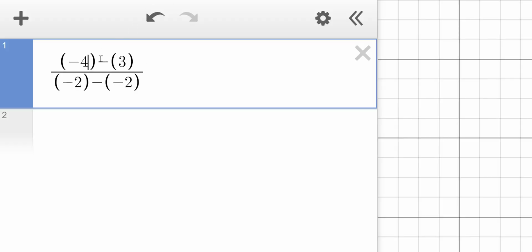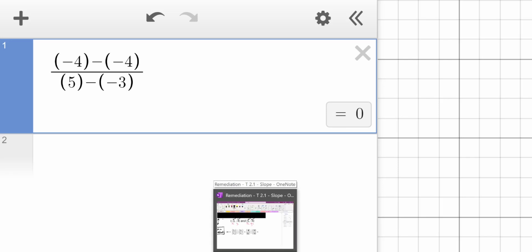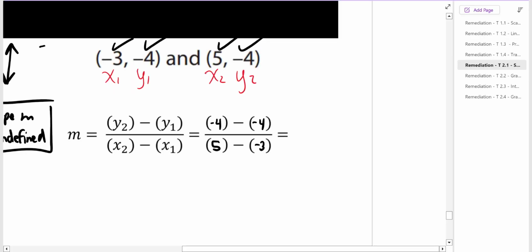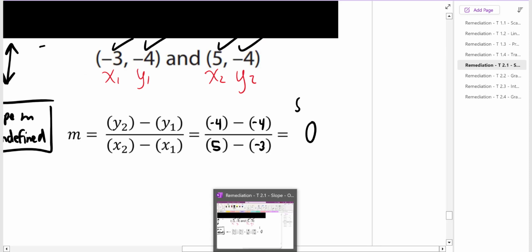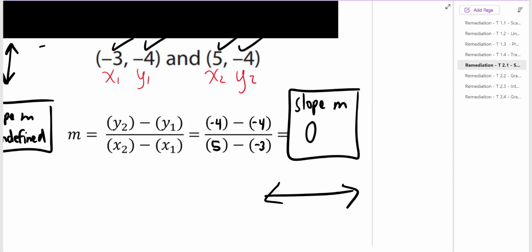So it's negative 4, negative 4, and then 5 and negative 3. Here, the answer is 0, and that's okay. That means that the graph is horizontal. So here you're going to write 0. So slope m is 0. That means the graph looks like this.